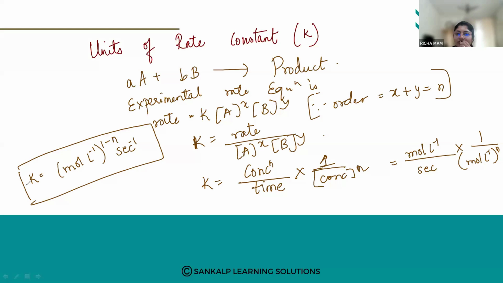Now, for your syllabus, you have three orders of reaction. Firstly, zero order; secondly, first order; and then second order reaction. In zero order, n equals 0.